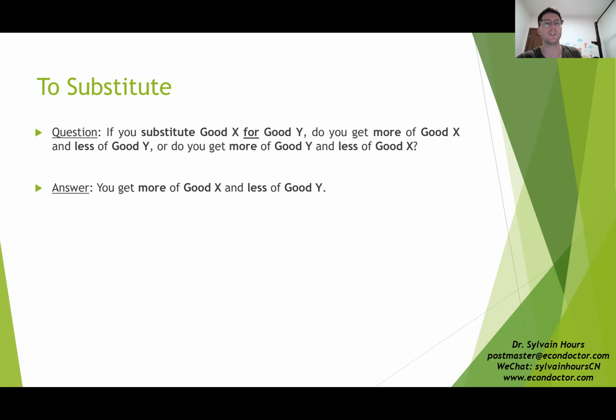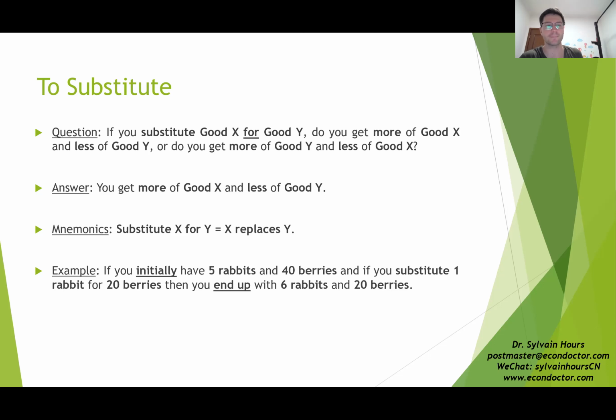Okay? And if you substitute good X for good Y, it means that you replace good Y by good X. So if you substitute good X for good Y, you get more of X and less of Y. You replace Y by X. So the students should make sure that they know how to use this verb properly, not the other way around.